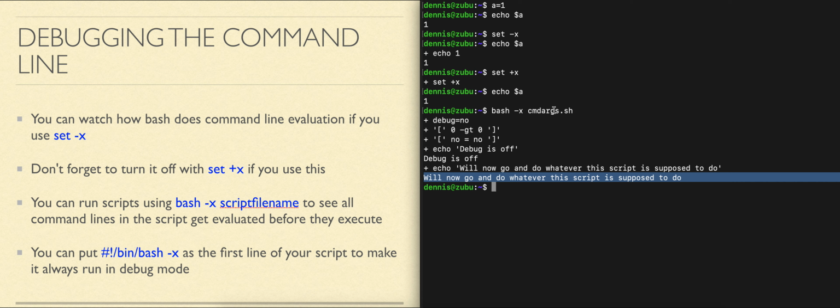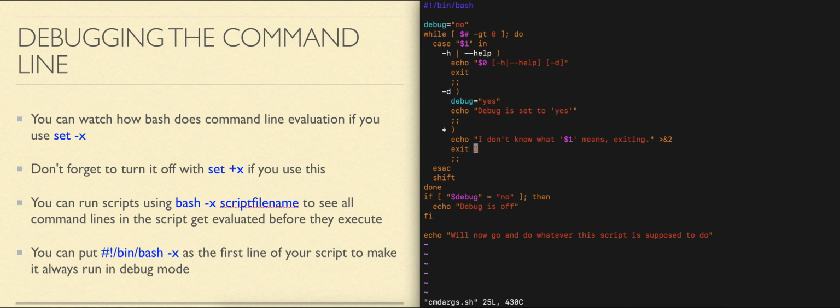If you are doing this a lot and don't like typing bash -x every time in front of your script name, you can modify your hashbang line to simply have -x built right into the script. For example, on the very first line, which is the hashbang, where we have /bin/bash, that's the command to run this script. If we wanted bash to run with the -x option, we can simply add -x onto the command line.